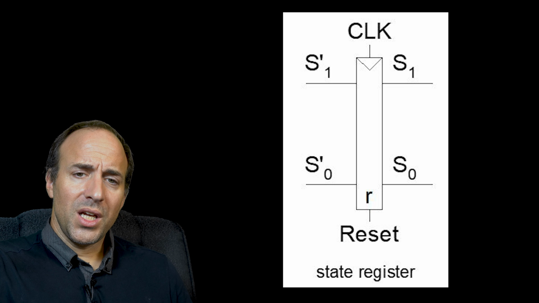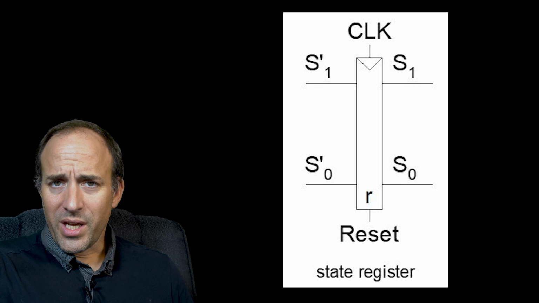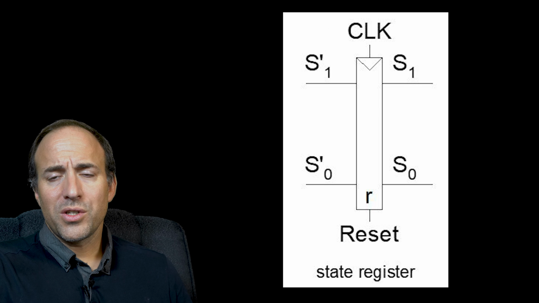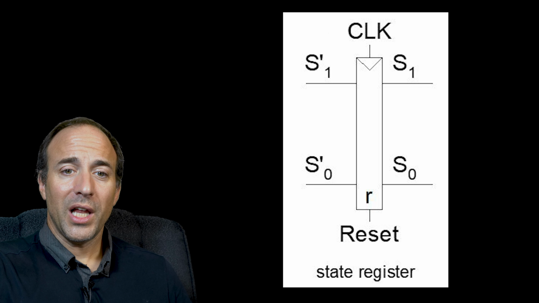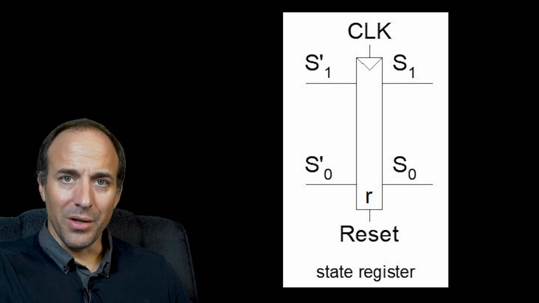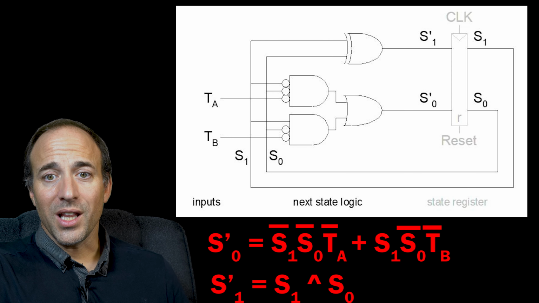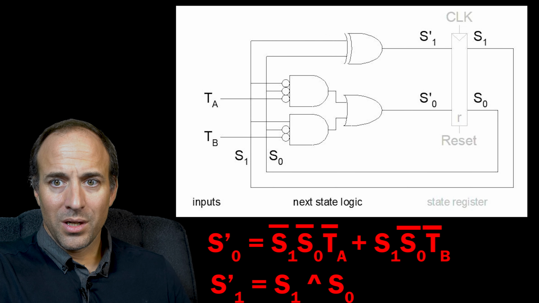A finite state machine then is built around the state register. The state register, like any register, potentially changes on every clock cycle. The output of the combinational logic that we just built, which is the next state logic, is fed into the input of the state register.